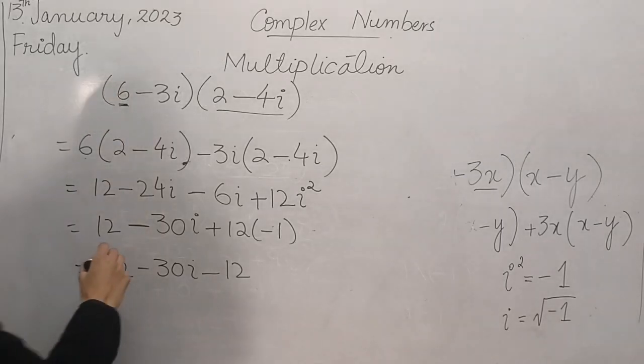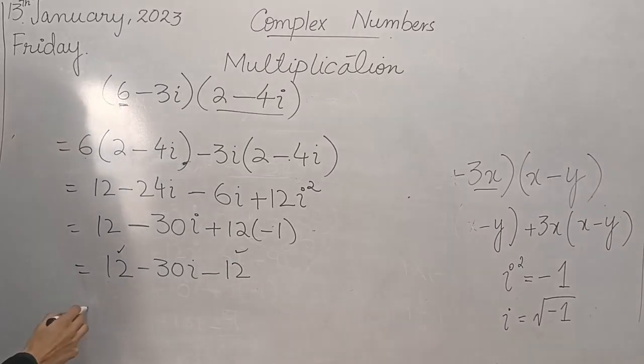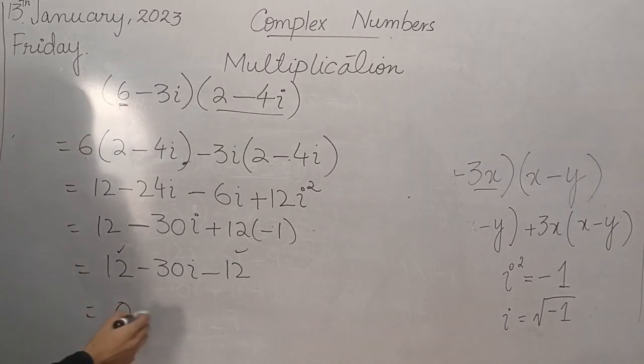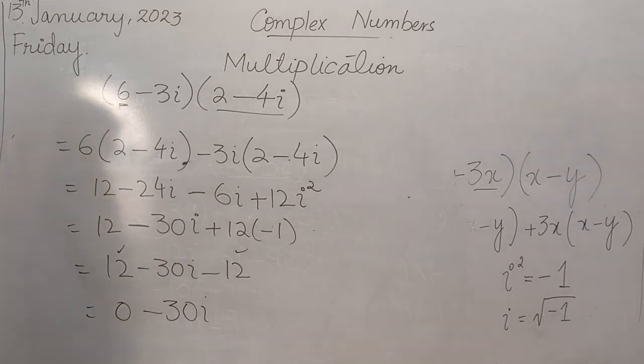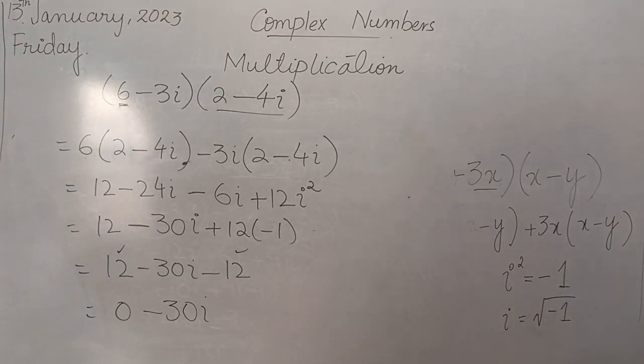Now we have two real numbers 12 and 12. 12 minus 12 is 0, minus 30 iota. Clear? So this is the solution of the complex numbers 6 minus 3 iota and 2 minus 4 iota. Clear?